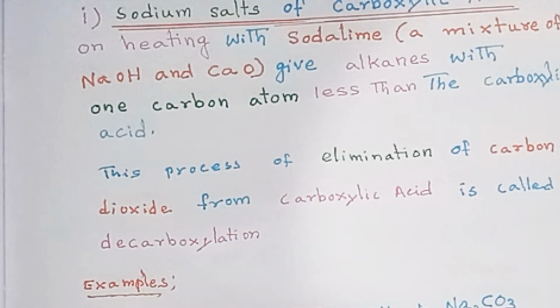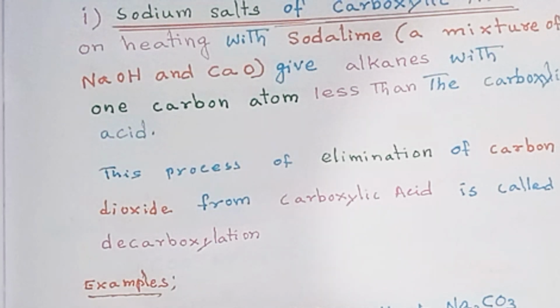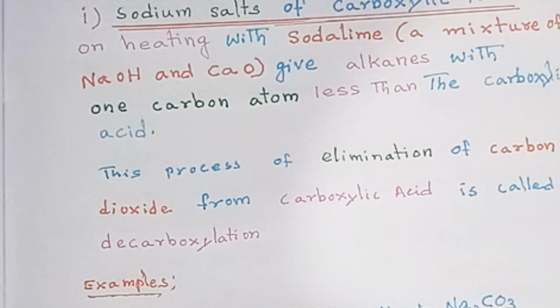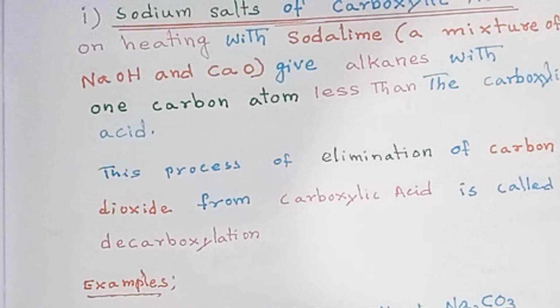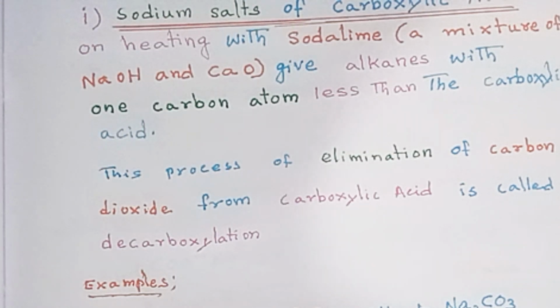CH3COONa can be written as CH3COO minus Na plus. This is because this is a salt, and a salt will always dissociate into ions. This is sodium acetate, which dissociates into acetate ion and sodium ion.